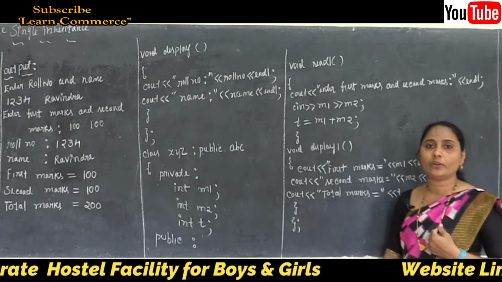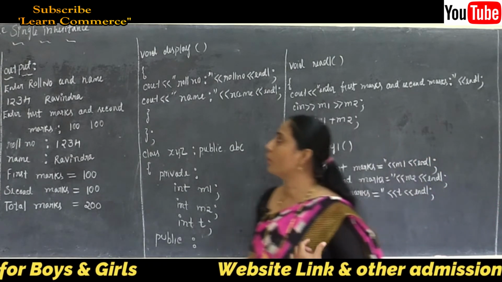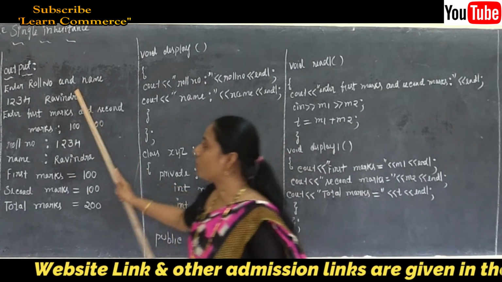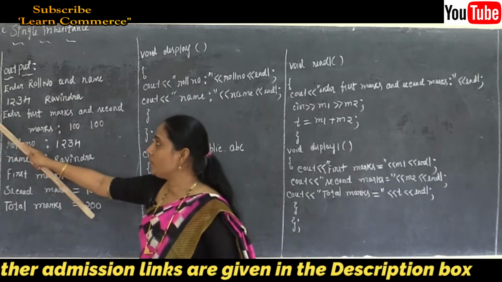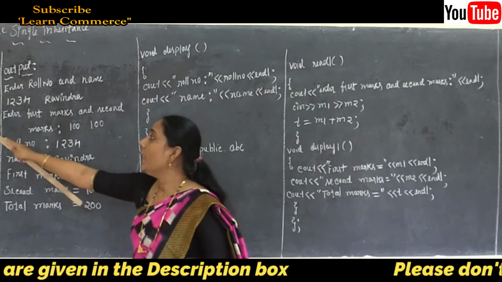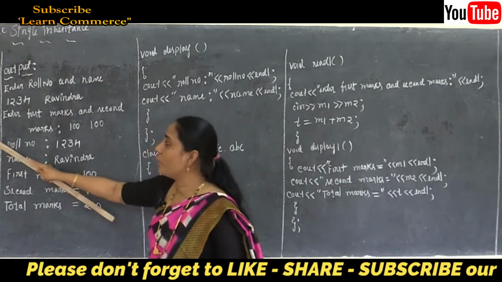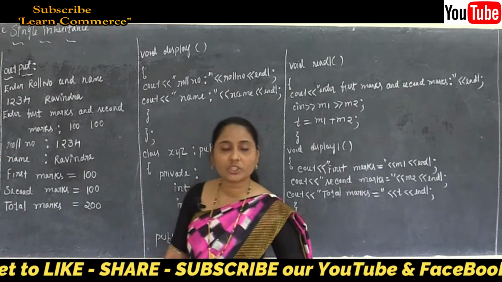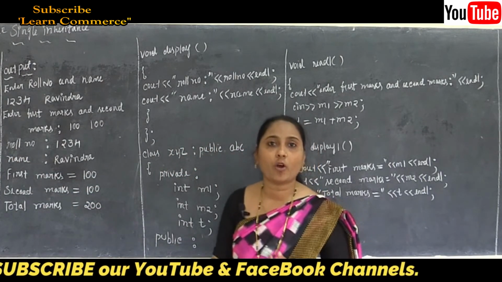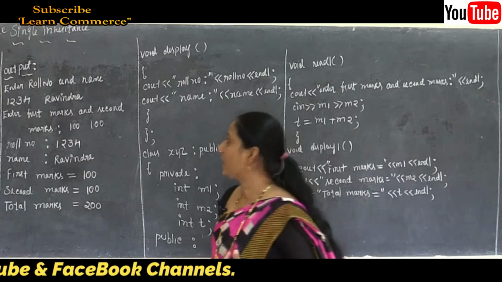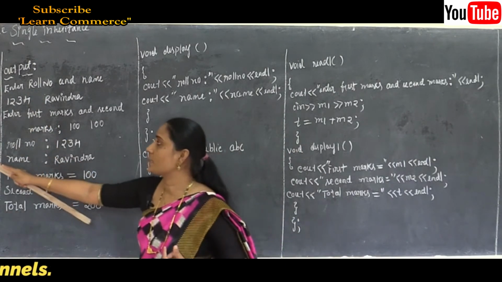Now let's see how it displays the output on the monitor. We know the object is declared by using the derived class XYZ, and I already said how we access the member functions. First I want to access ob.read.